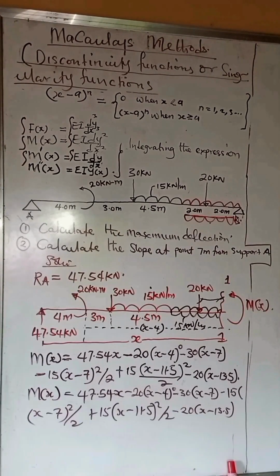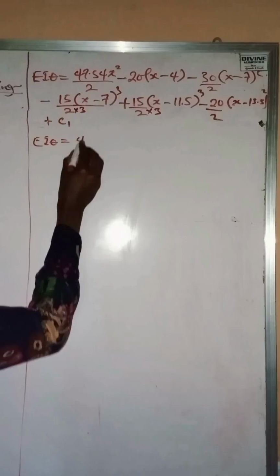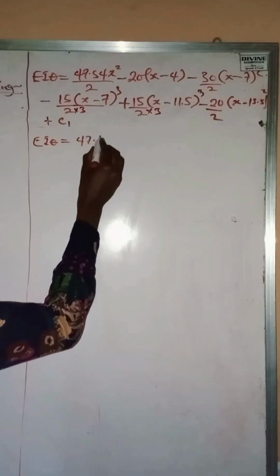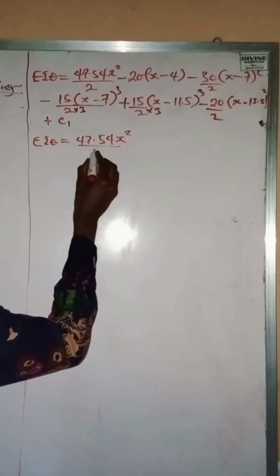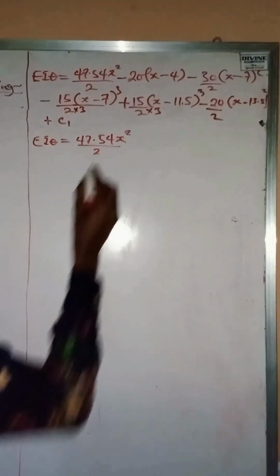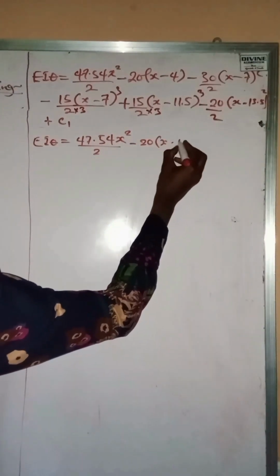So have we gotten the moment expression? The next thing is to integrate. So we'll do our first integration. We'll have this, squared over 2, minus 20 bracket x minus 4.